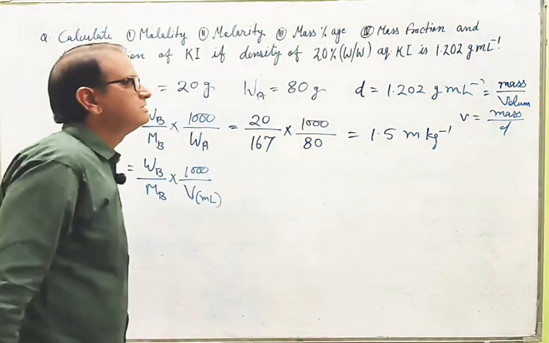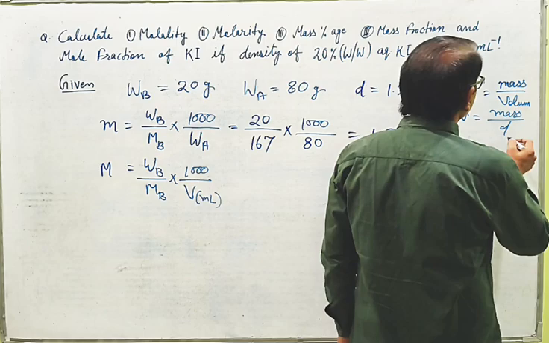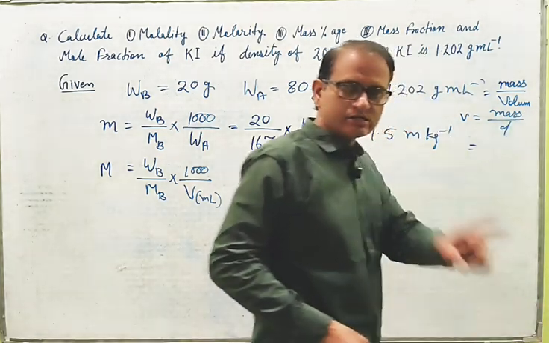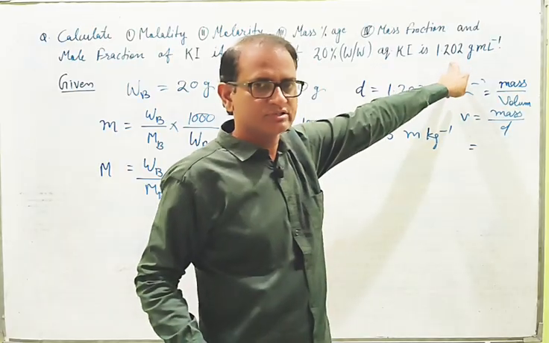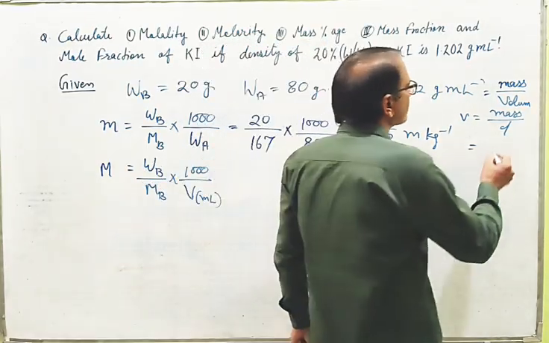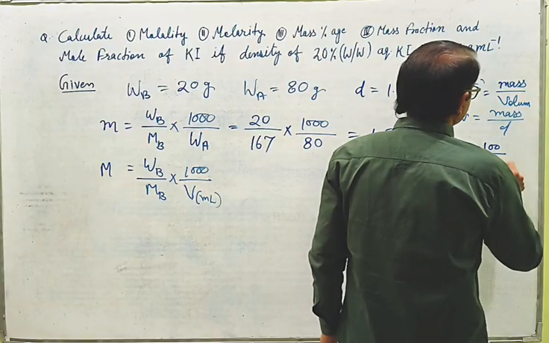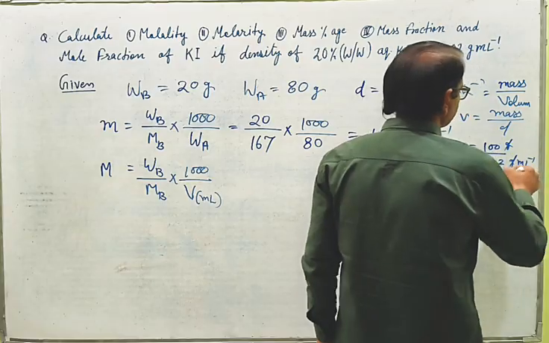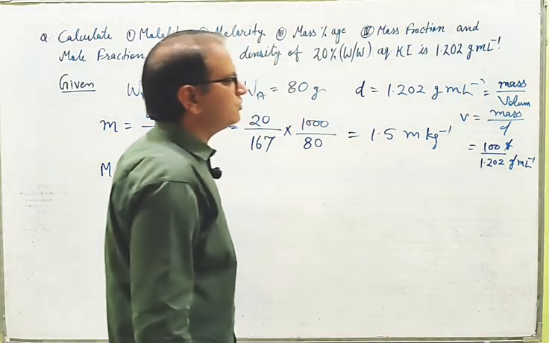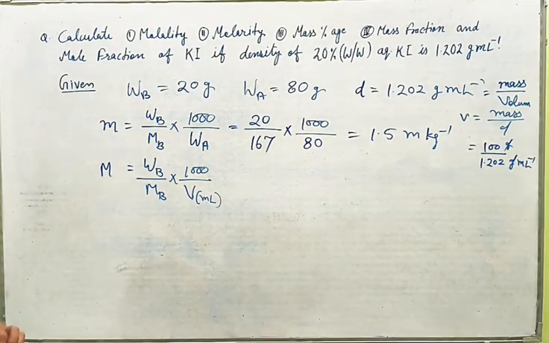The volume of solution will be equal to the mass of solution, 100 gram, because the density is given for the solution, divided by 1.202 gram ml inverse. Gram to gram cancels, and we will have ml. So this is the volume of solution.